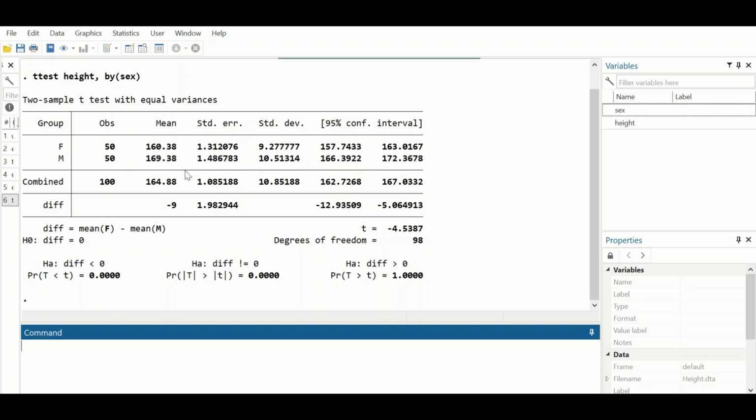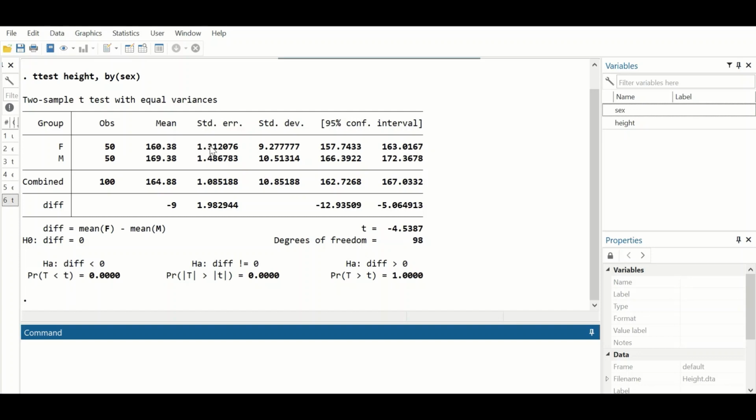So males have a higher height, or they are taller compared to females from this initial observation. But whether it is significant or not, we will check with the p-value.